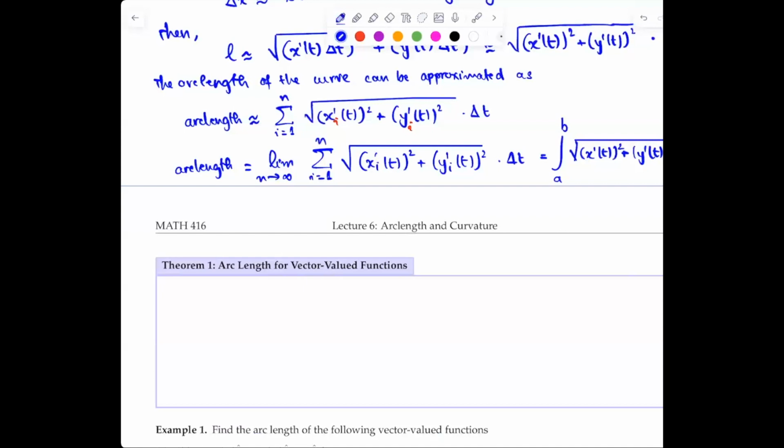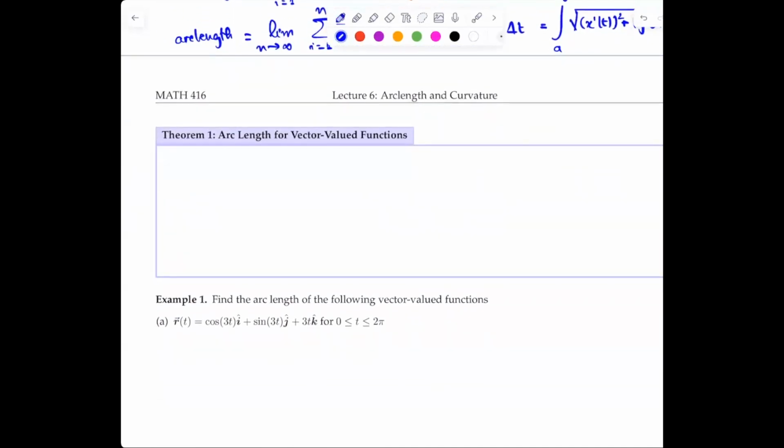All right, so now I'm going to formally write down the formula for the arc length of vector value functions in this theorem. So let r of t equal x of t, y of t.